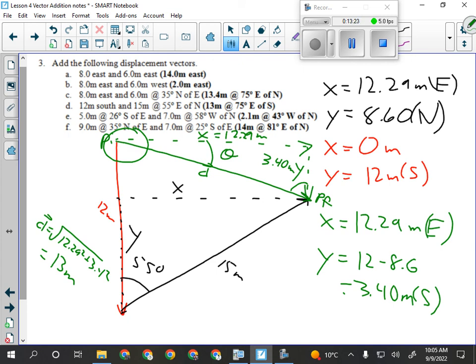So theta will equal tan inverse of 3.4, my opposite side, over 12.29. That'll give me the 15 degrees south of east. But 75 degrees east of south is also acceptable as an answer.